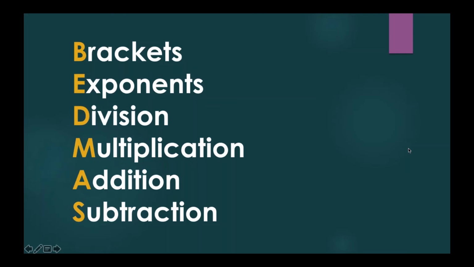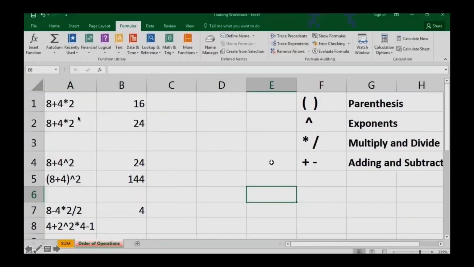Different regions and different areas approach this a little bit differently. I've always learnt BEDMAS, and it's brackets, exponents, division, multiplication, addition, subtraction. What this means in the lovely world of Excel is that the way that these formulas are worked through depends on that order of operations.